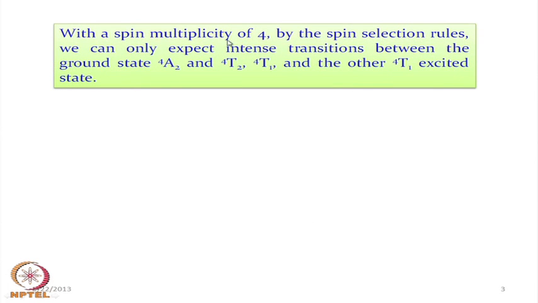When we have a different spin multiplicity, say for chromium 2, with a spin multiplicity equal to 4, which is different from the vanadium case where the spin multiplicity was 3, from the spin selection rules we can only expect intense transitions between the ground state 4A2 and the excited states 4T2, 4T1 and other 4T1 excited states if originating from other excited levels.